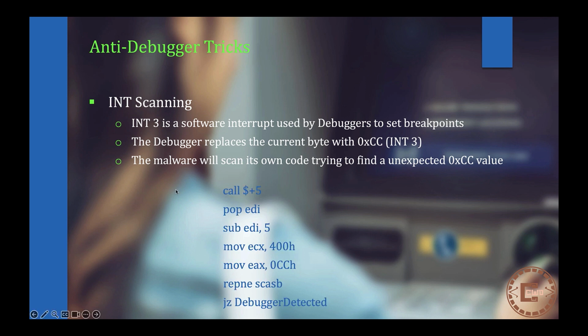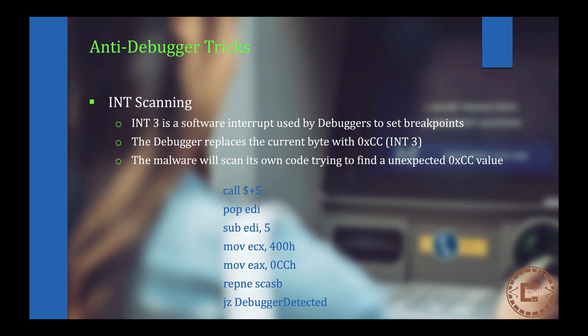Let's see these instructions. No worries, guys, if this is a little bit confusing for you. You will learn all these assembly instructions and many more after this whole training. So call plus 5 in assembly means go to the next instruction. And why? Because call has 5 opcodes, meaning 5 bytes.